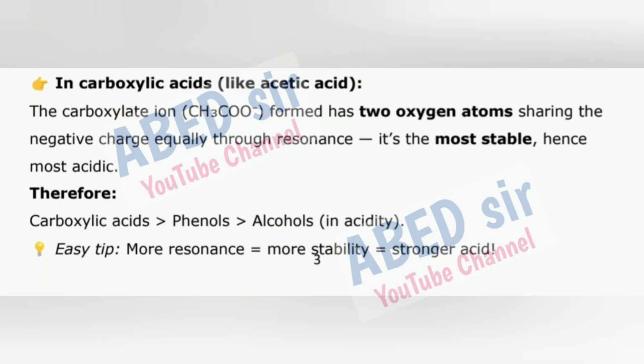In carboxylic acids, like acetic acid, the carboxylate ion, CH3COO-, formed has two oxygen atoms sharing the negative charge equally through resonance. It's the most stable, hence most acidic. Therefore, carboxylic acids > phenols > alcohols, in acidity. Easy tip: more resonance is equal to more stability is equal to stronger acid.